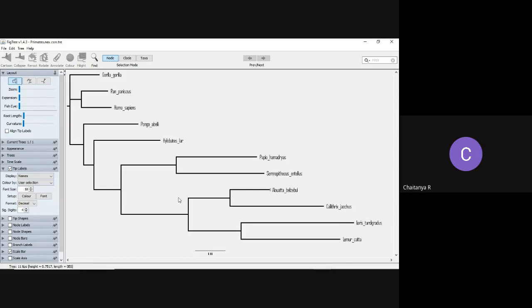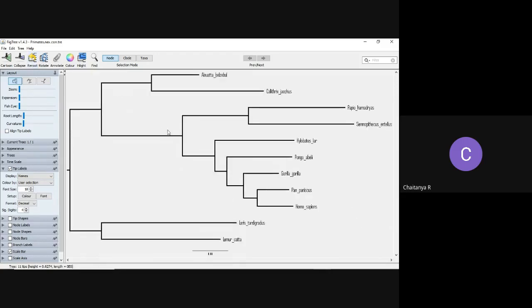So what we need to do is select, if we know the outgroup, and I'm hoping all of us will know our outgroups, the branch that leads to the outgroup. Once you click on the branch, it highlights, and then you click on the top left. You see this reroot button, right? Click on reroot, and now your tree is properly rooted.